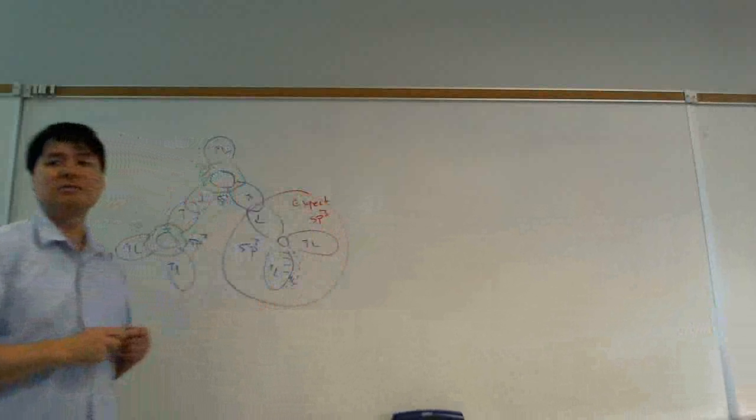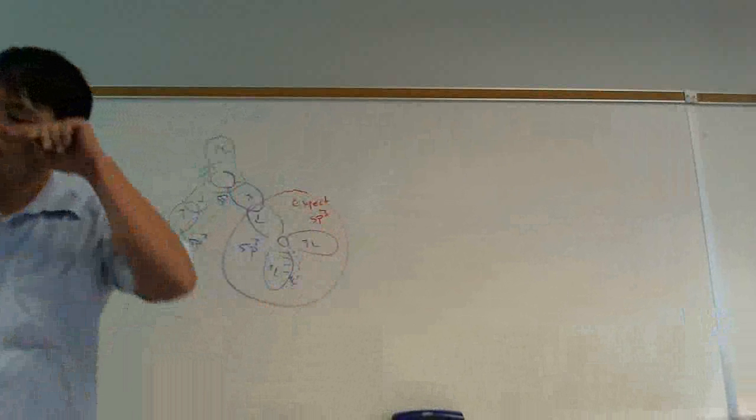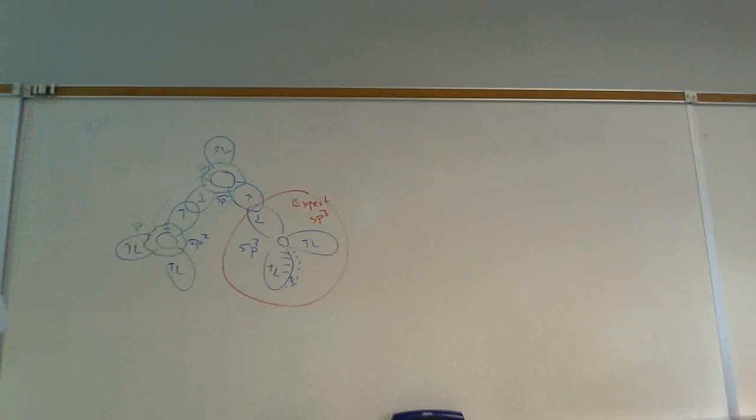We expect sp3. Why do we expect sp3? Why do things hybridize? Why do we form hybrid orbitals? Stable? Why would it be more stable? Well, we don't necessarily have to hybridize for more bonds.